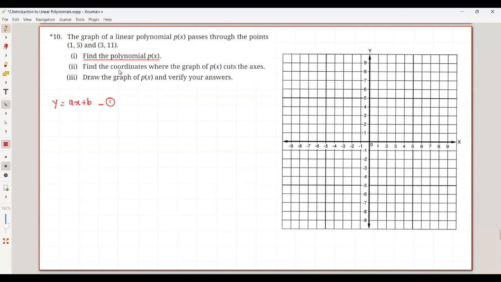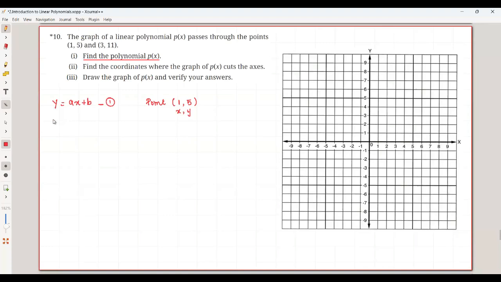The first given point is (1, 5). Here 1 is the x value and 5 is the y value, x coordinate, y coordinate. Now substitute x is equal to 1, y is equal to 5.